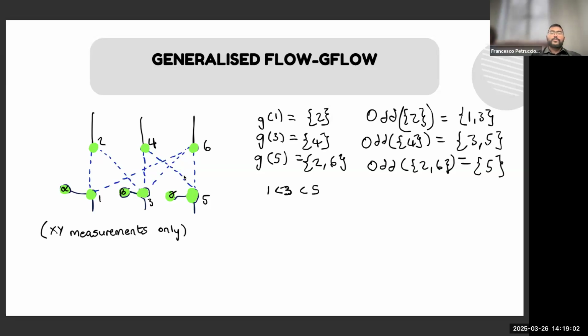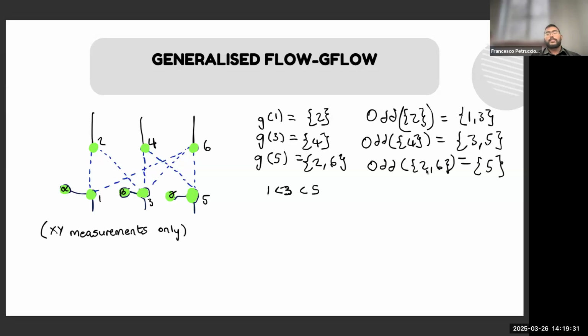So for the odd neighborhood of the set containing 2, it's which vertices are connected just to itself, because the only odd number of vertices that I can choose from the set containing 2 is just 2 itself. So the vertices connected to 2 are just 1 and 3. Similarly, the odd neighborhood of the set containing 4 is just the vertices that are connected to 4. So that's going to be vertices 3 and 5.